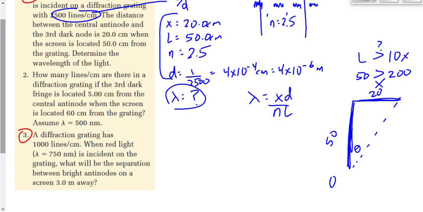I'm going to say theta is equal to the inverse tan of opposite over adjacent, 20 over 50. And I think when you do that, it works out to be 21, 22 degrees. Who's got that? 21.8 degrees? Clearly more than the 10 degrees, right? So this is out of the question.